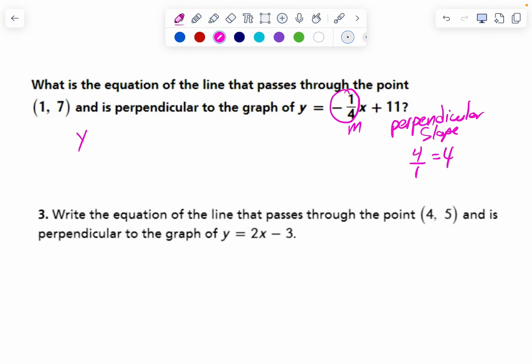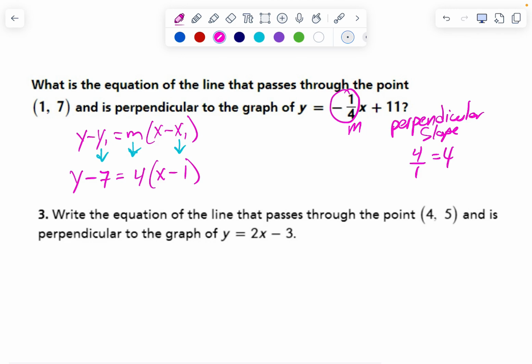If you did point slope, you're pretty much done at this point. You just have to plug stuff in. And we're going to plug in y1, m, and x1. So we end up with y minus what? 7 equals 4(x minus 1). That is point slope form.